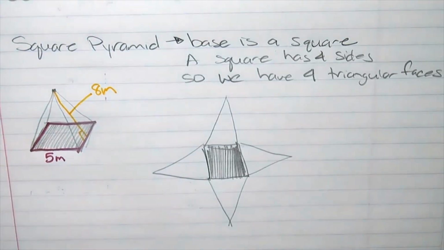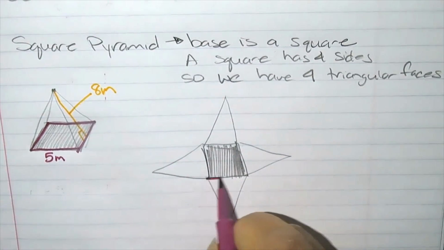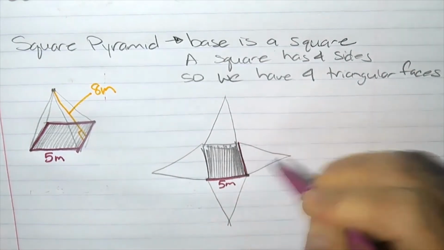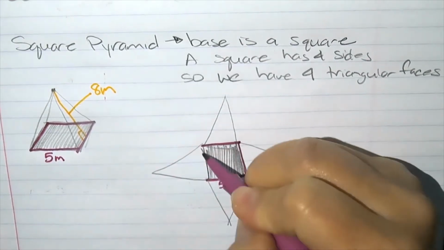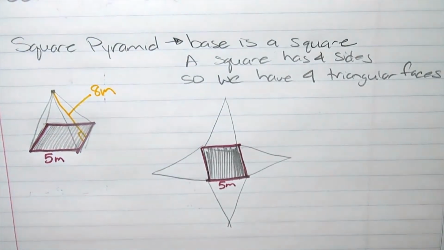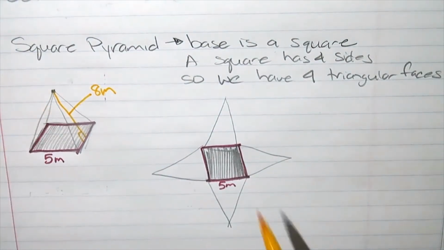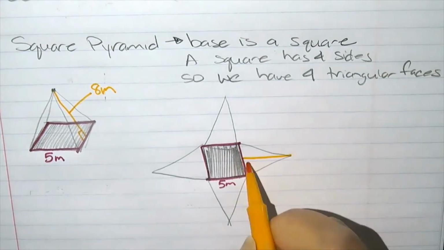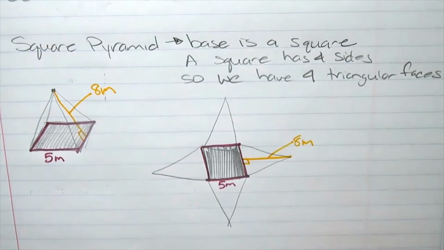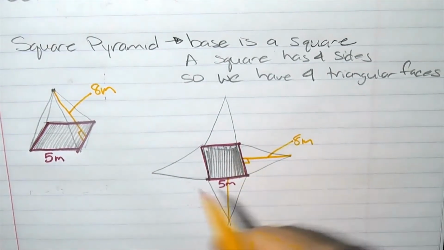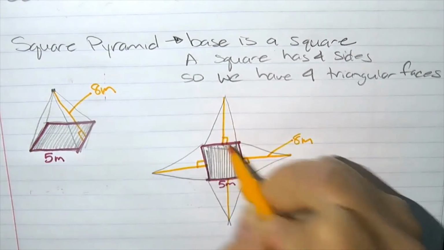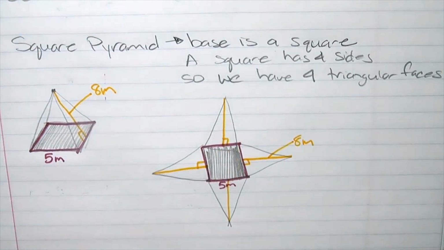The edge of my base is 5 meters, but all 4 sides are the same length. Then they're telling me that the height of this triangle is 8 meters, but all 4 of them are going to be the same. Okay?